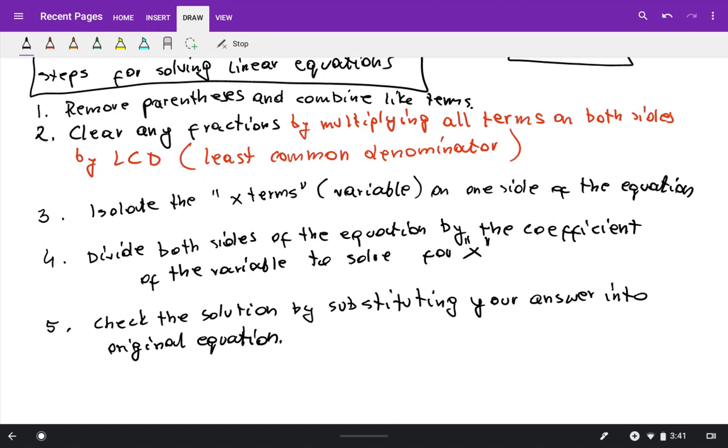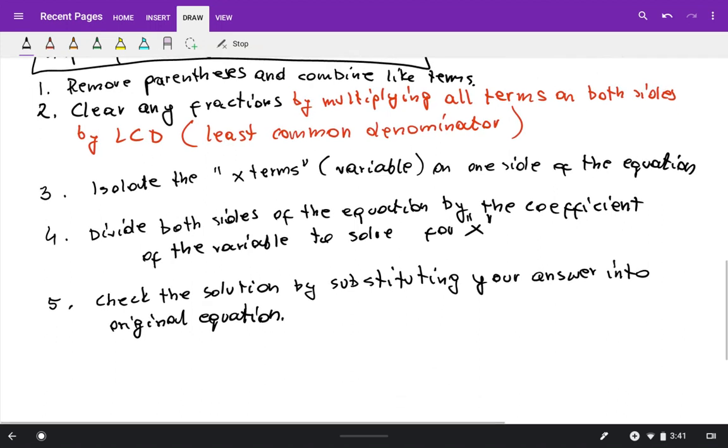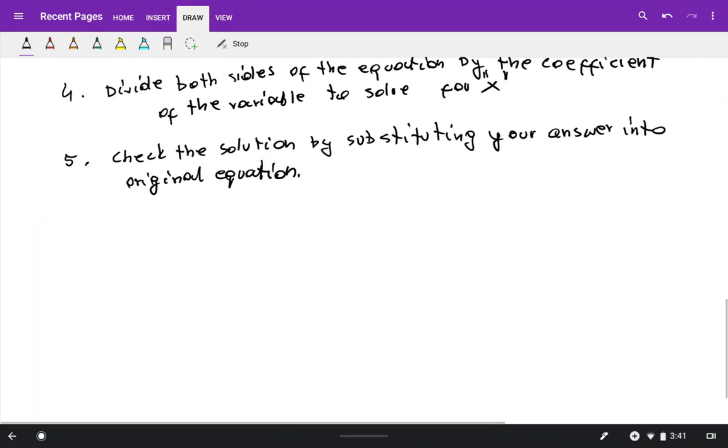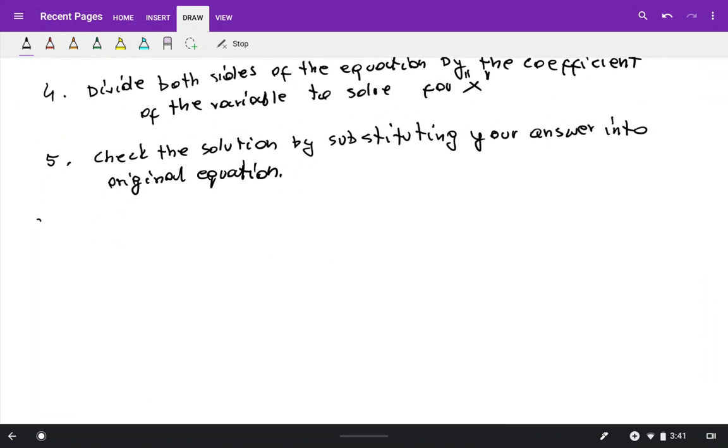Okay, so now when we have all the steps, let's solve equations. So what we're going to do next, we're going to do examples, solve each equation.